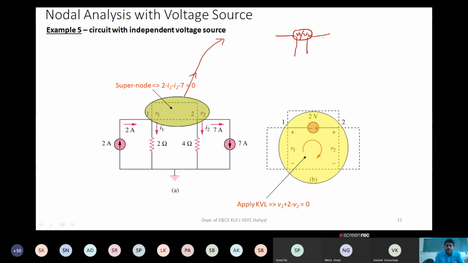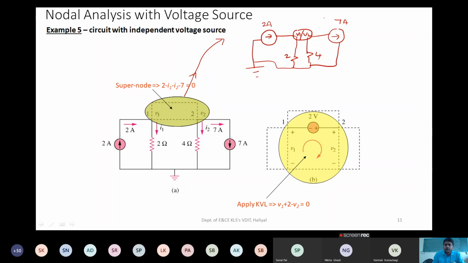Here we have a 2 amp current source coming in, which is grounded later. Here we have a 2 ohm resistor, also grounded, and here a 4 ohm resistor, also grounded. And here we have an outgoing current of 7 amps, which is also grounded.